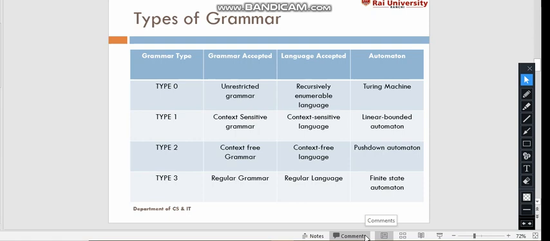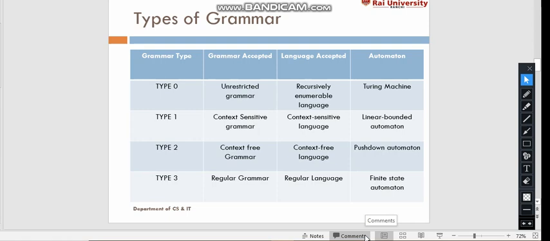Next we have type 1 grammar, which is also known as context-sensitive grammar. The language generated by a context-sensitive grammar is known as context-sensitive language, and a linear bounded automaton accepts a context-sensitive language. We have type 2 grammar, which is also known as context-free grammar.